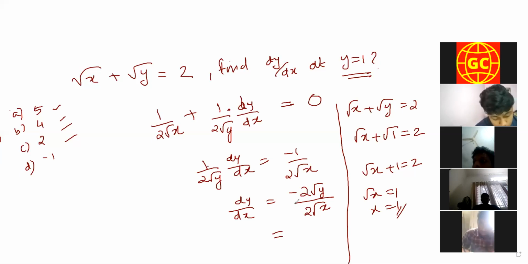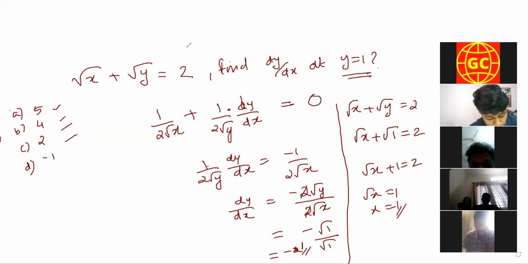Then y they have already given as 1. So 2 and 2 cancel. So minus root 1 by root 1. So that is minus 1.